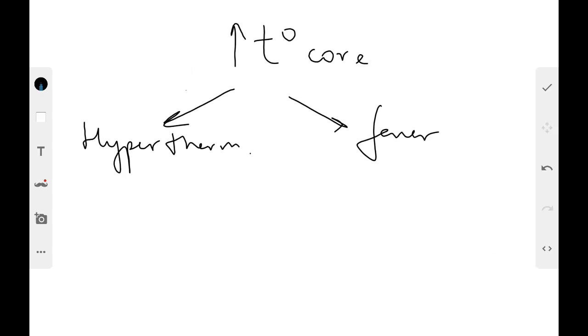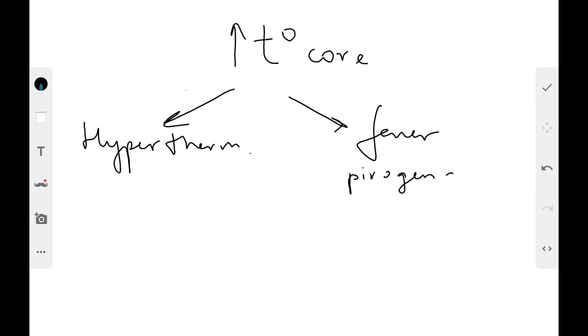Quite another situation is observed in the case of fever. Fever is induced by endogenous factors like pyrogens.